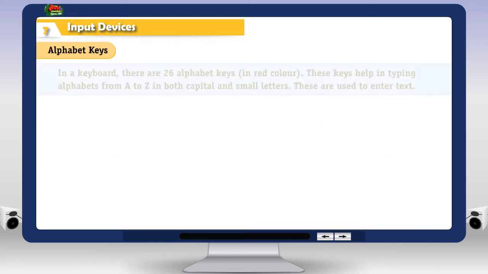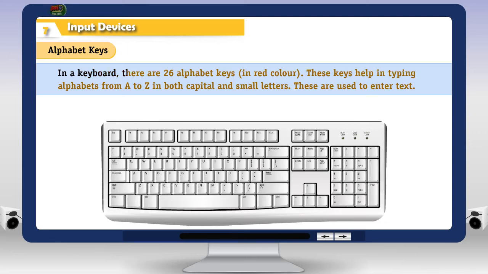Alphabet keys. In a keyboard, there are 26 alphabet keys. These keys help in typing alphabets from A to Z in both capital and small letters. These are used to enter text.